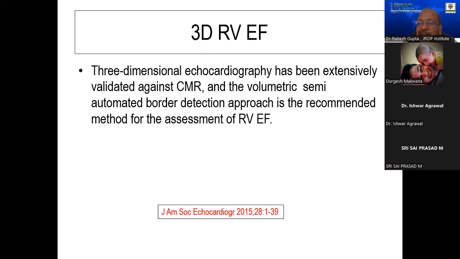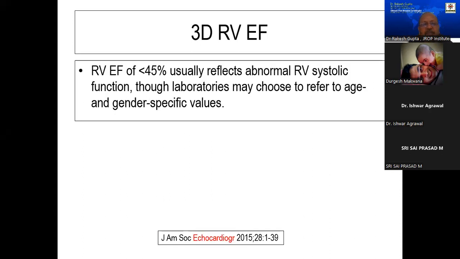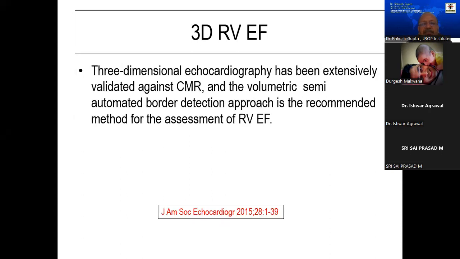We do not calculate ejection fraction in RV. Systolic function is evaluated either by TAPSE or RV free wall TDI or fractional area change in the right ventricle. But if you want to calculate 3D ejection fraction in RV, it has to be by 3D only. And how do we calculate by 3D?